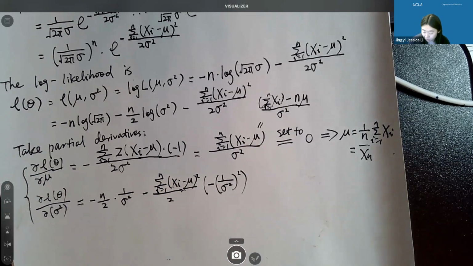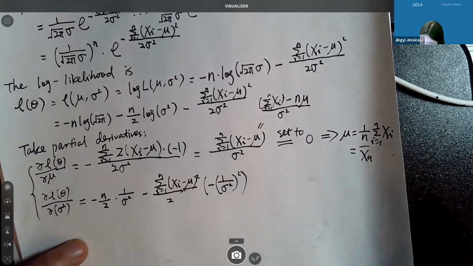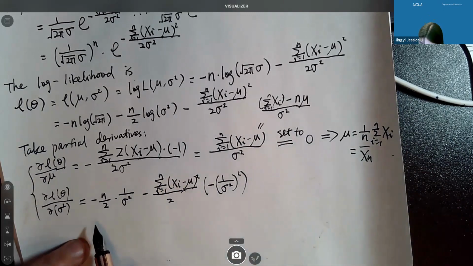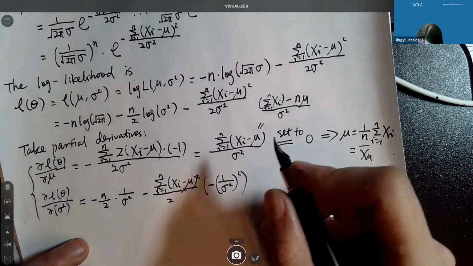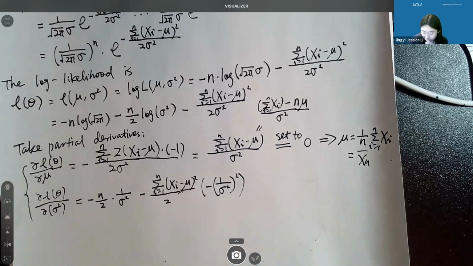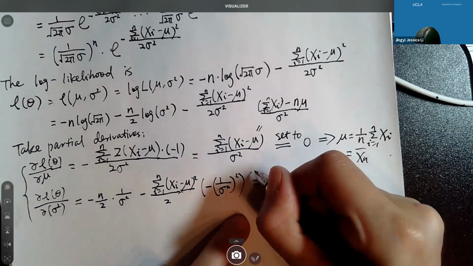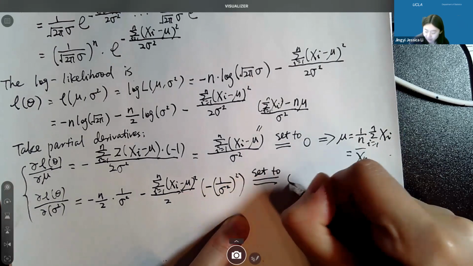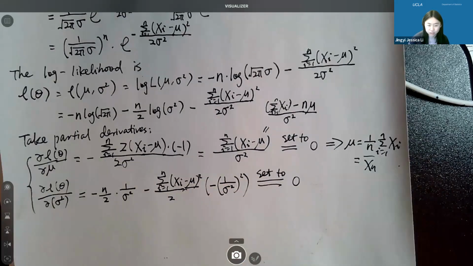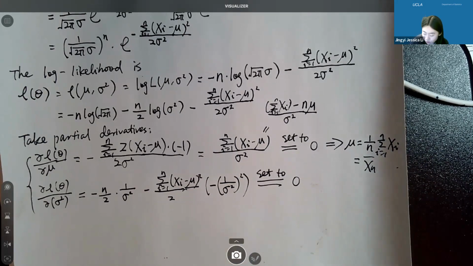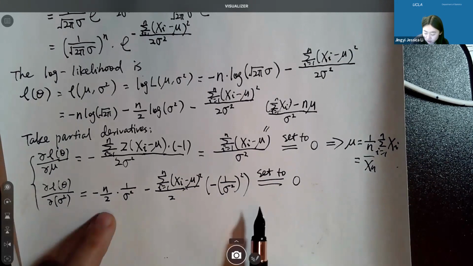Okay, so you can see that we can simplify this a little, right? Let me put it clearer so you can see it. So we try to set this expression to 0. Then what do we have? If you want to solve this equation, the negative sign can be gone.